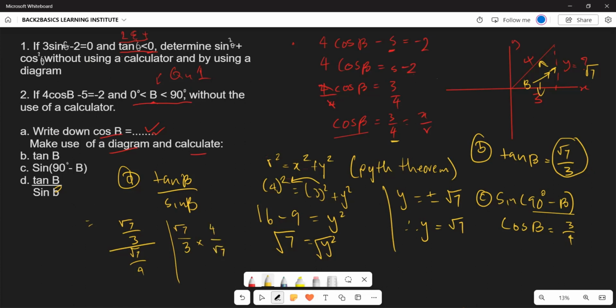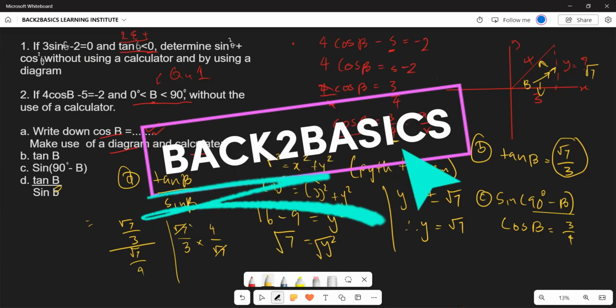And then when you're multiplying here, can you see that this one and this one are going to cancel? So what you're going to be left with is 1 here and 1 here. So which means your answer is going to be 4 over 3.